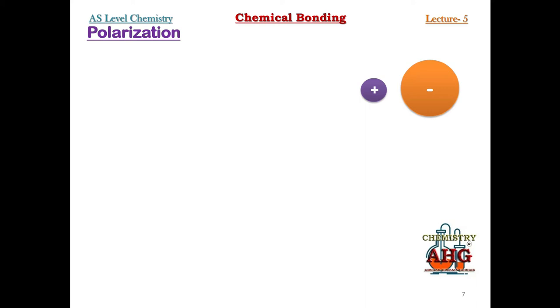Now what happens due to this small and large radius? Positive ions become able to attract negative ions towards themselves strongly. When positive ions attract negative ions toward themselves strongly, what happens? The negative ion cannot retain its normal circular spherical shape.